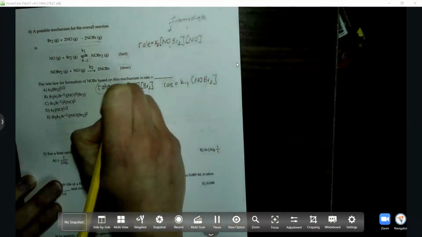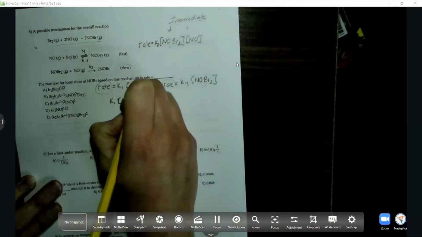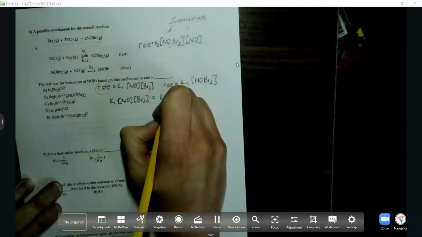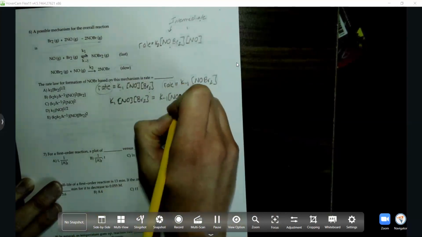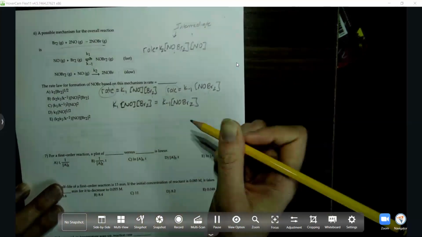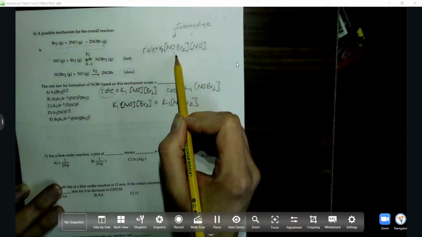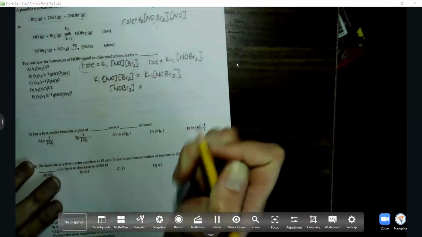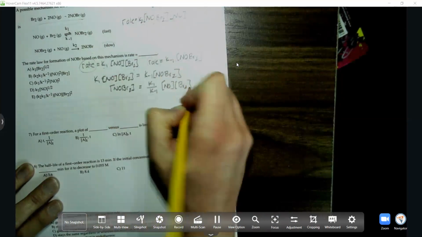So K1 NO Br2 is equal to K-1 NOBr2. We want to isolate our intermediate so that we have something to plug into our slow step rate law. So NOBr2 is equal to K1 over K-1 times NO Br2.